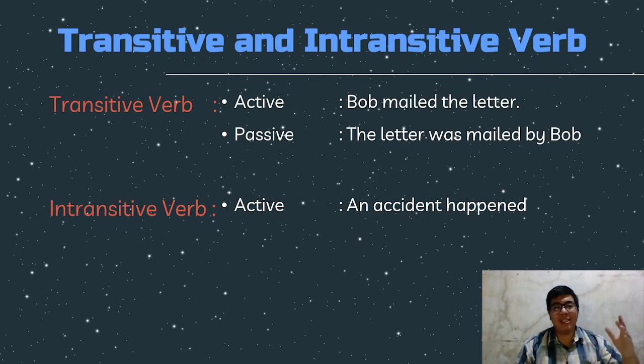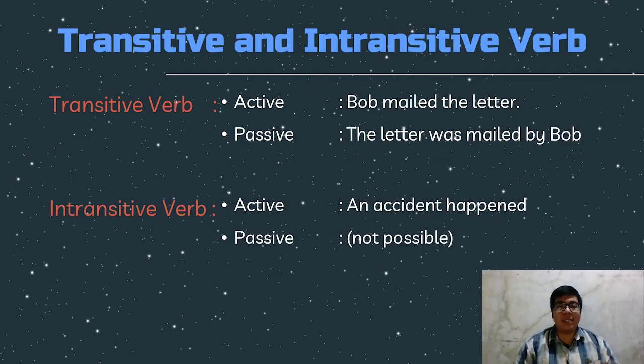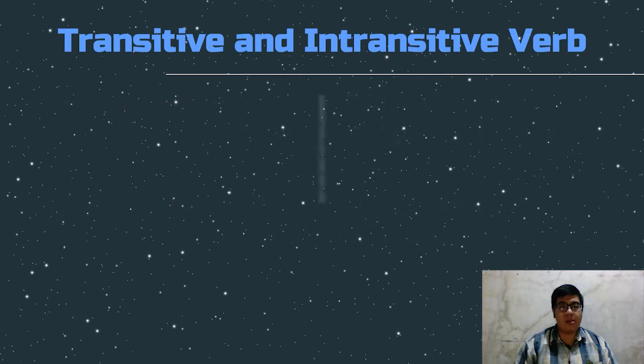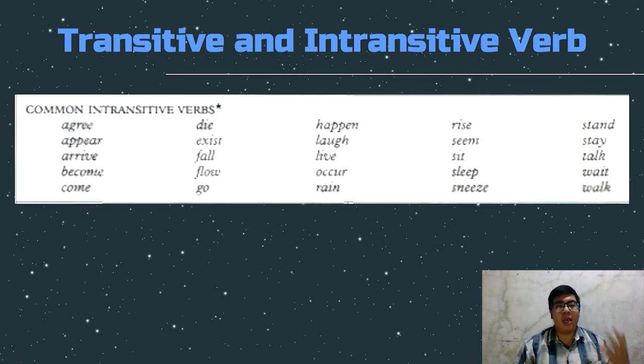We can change active to passive with a transitive verb, but with an intransitive verb, such as "incident happened," we cannot change that to passive. And there are common intransitive verbs.